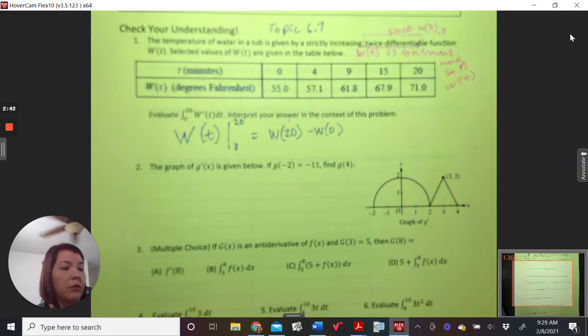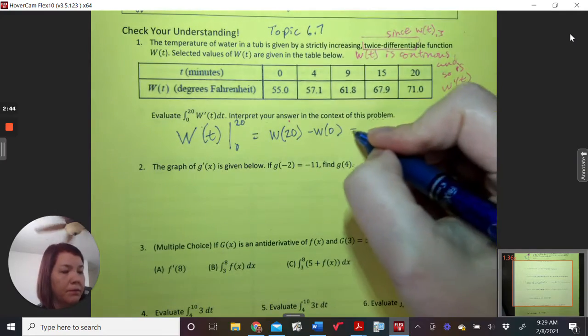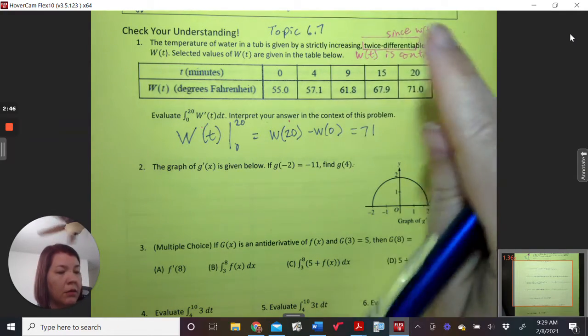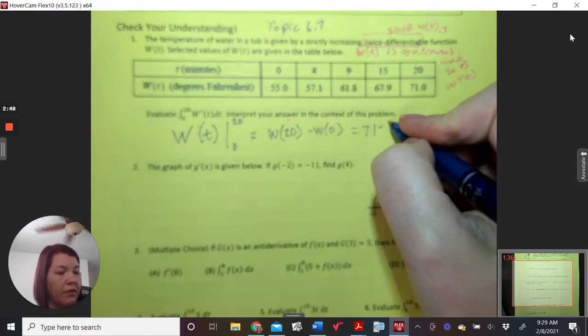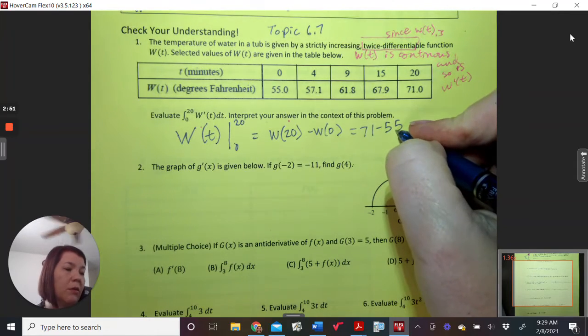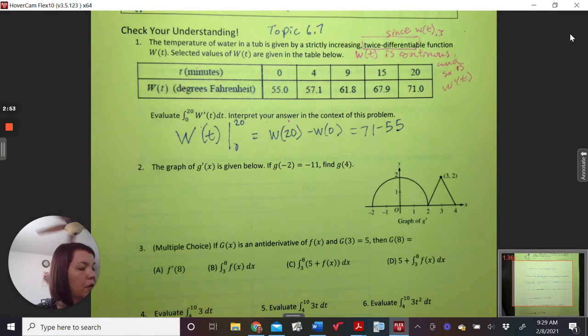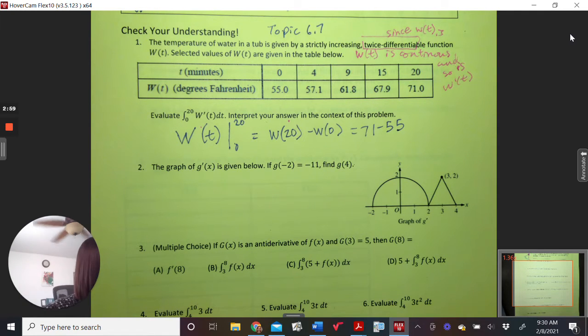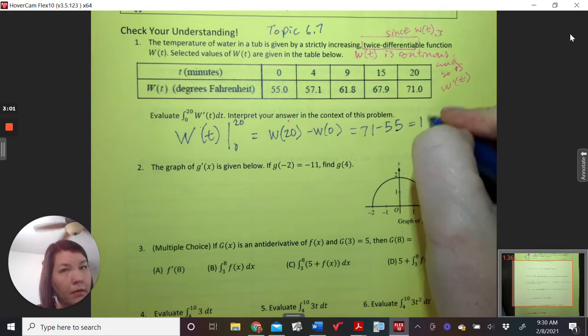From our table, w of 20 is 71, and w of 0 is 55, and 71 minus 55 is 16. That's it.